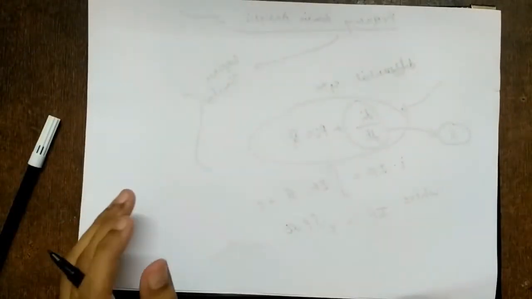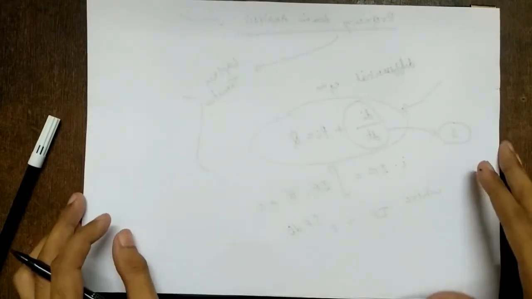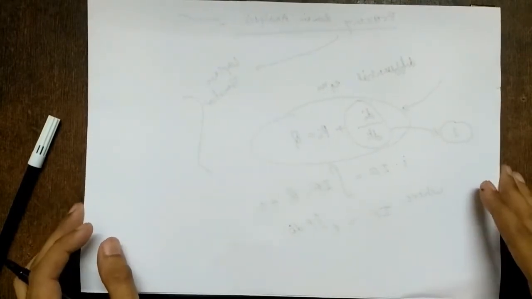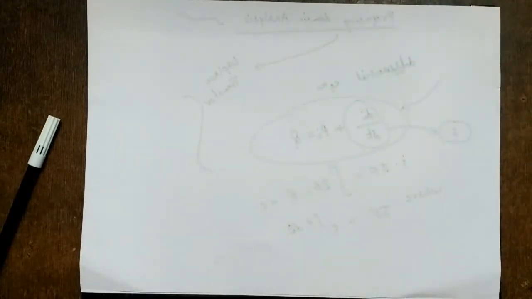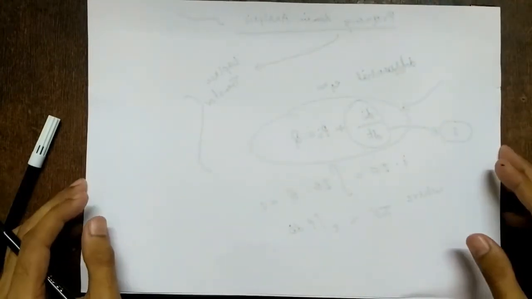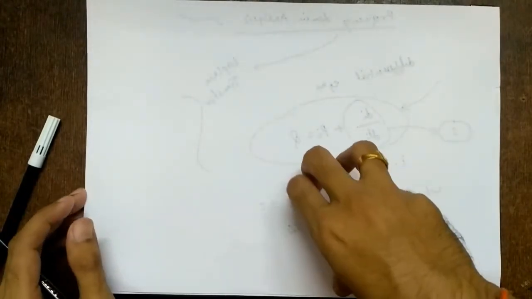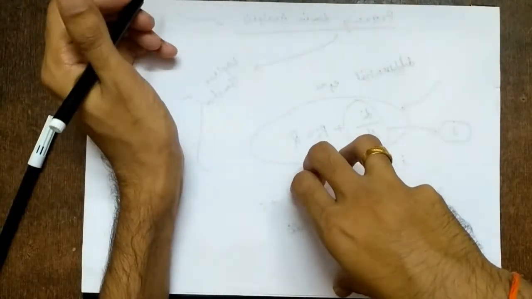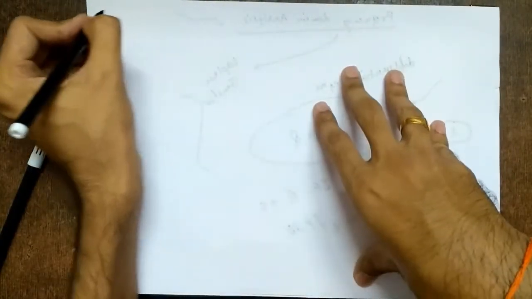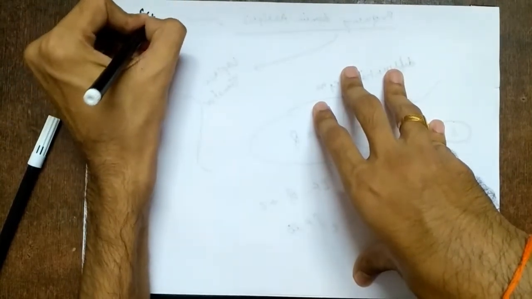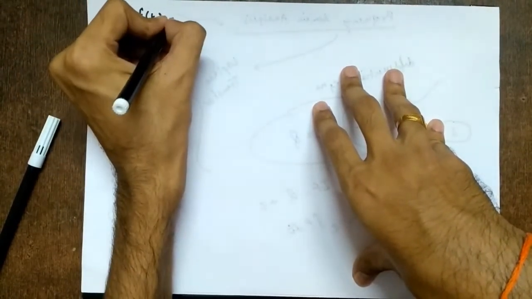So let's start with the definition of Laplace transform. In mathematics you have already studied this, so today I'll just give you an overview. Then actual problems in the electrical domain we'll go to from tomorrow. So if there is a function f of t, I want to find its Laplace transform.